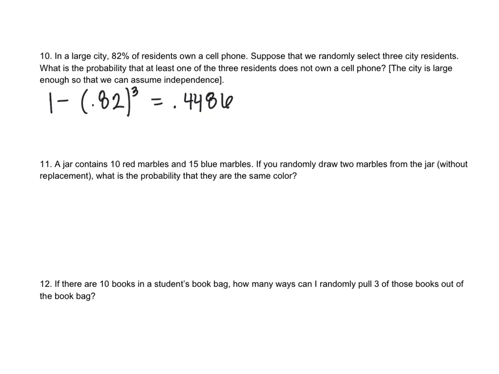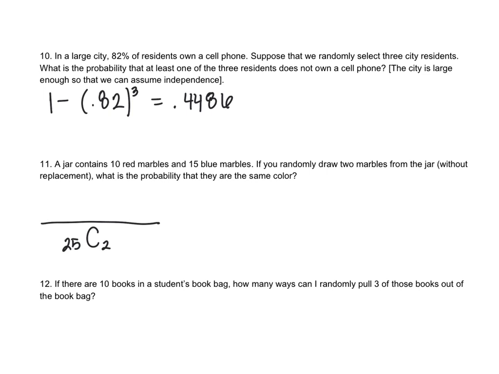So a jar contains 10 red marbles and 15 blue marbles. You randomly draw 2 marbles from the jar without replacement. What is the probability they are the same color? So in the bottom, this is going to be a combination because the order doesn't matter. So in the denominator, we have to do our total. So there are 25 total marbles, and we are choosing 2 of them.